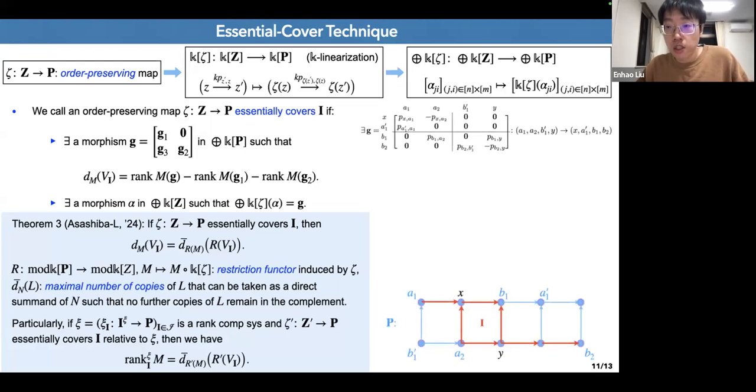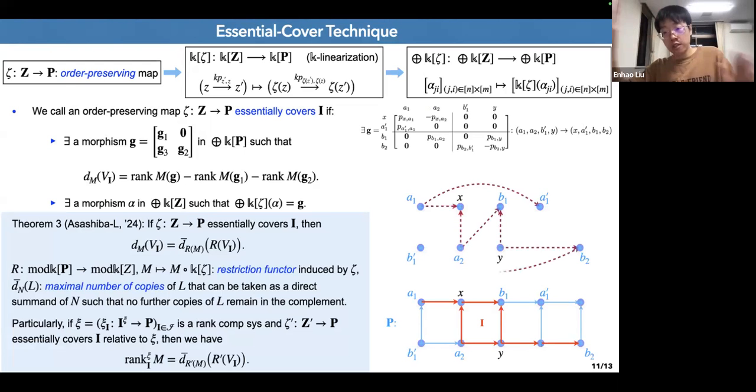Okay. So as a quick example, first, again, this is an example from the previous example. For this poset P and this interval I, we know the multiplicity matrix, of course, the G as I plot here.